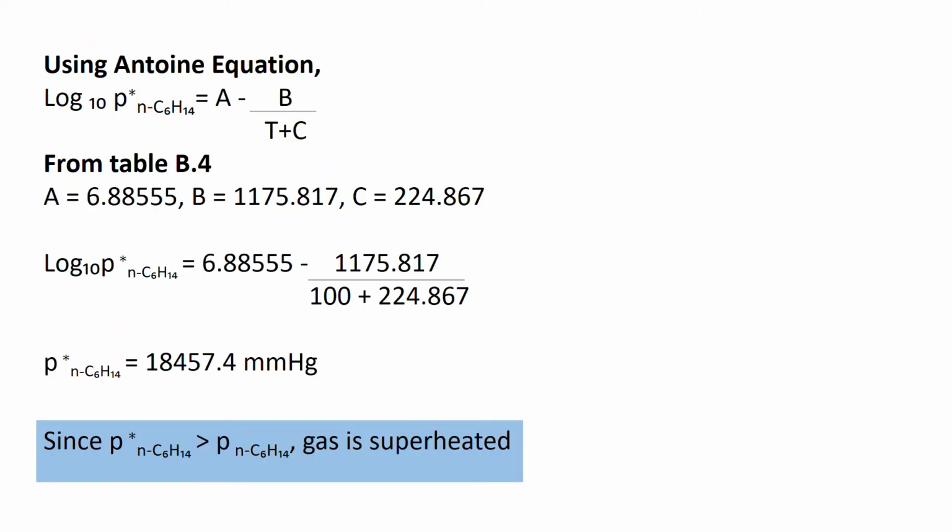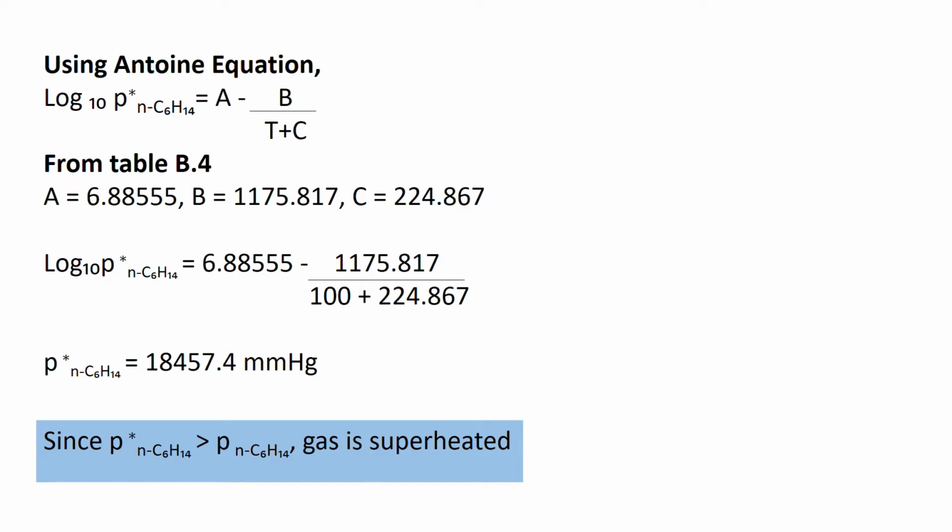For the vapor pressure, we need to use the Antoine equation. The formula is log vapor pressure of N-hexane equals A minus B over T plus C. From the table before, A equals 6.88555, B equals 1175.817, C equals 224.867.